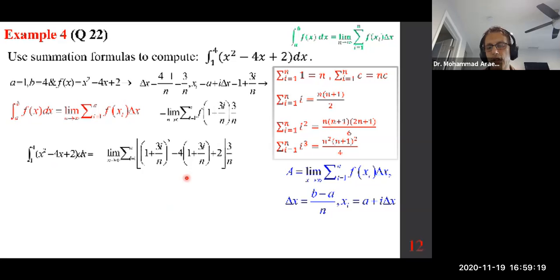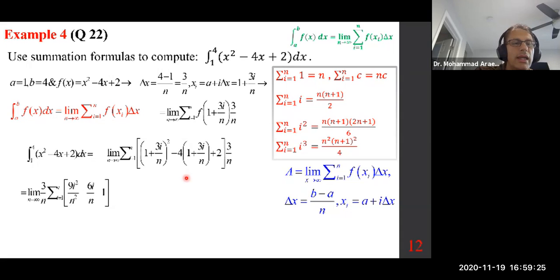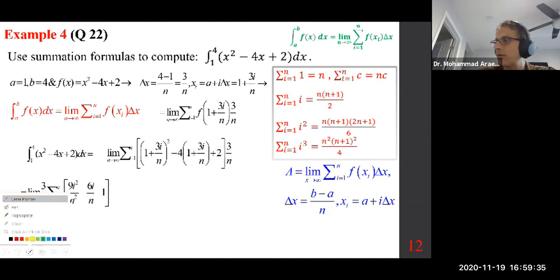So I'm going to quickly show you the next step and maybe an intermediate step in a moment. That 3 over n remains. The bracket simplified to this. Let me just write a couple of things in between for you. Okay.